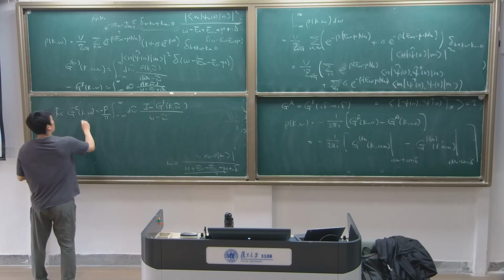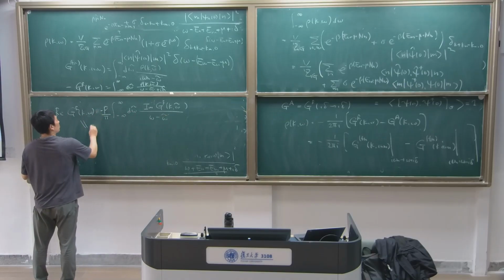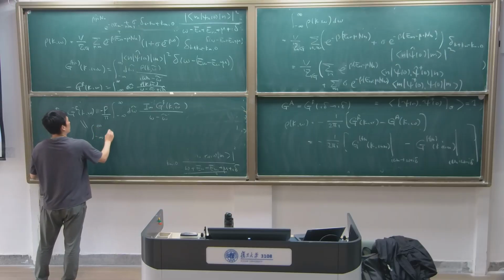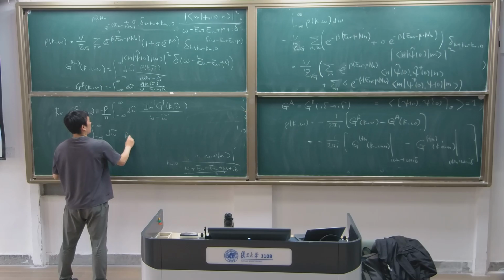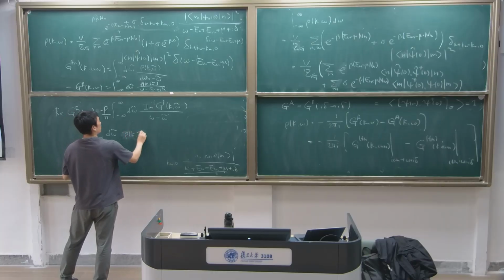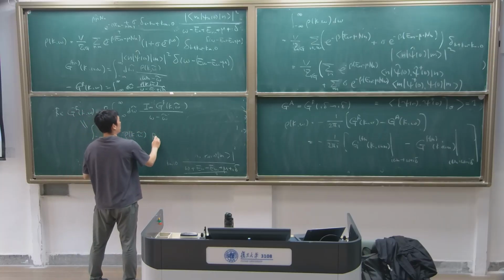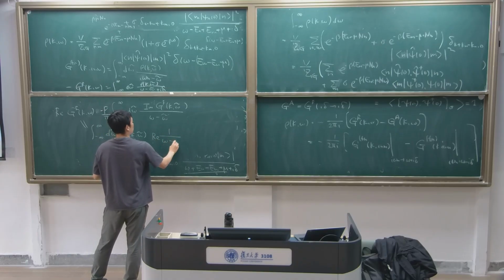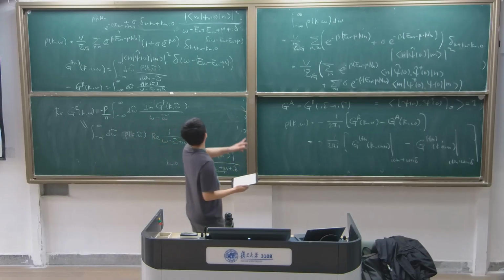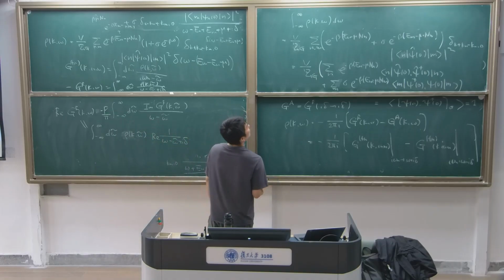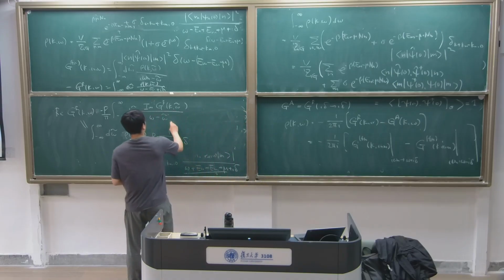So maybe I should do one step. So the integral from minus infinity to infinity, d omega tilde, real value of rho k omega tilde, and the real value of omega minus omega tilde plus like that. And you use a sample area. And this is equal to it.